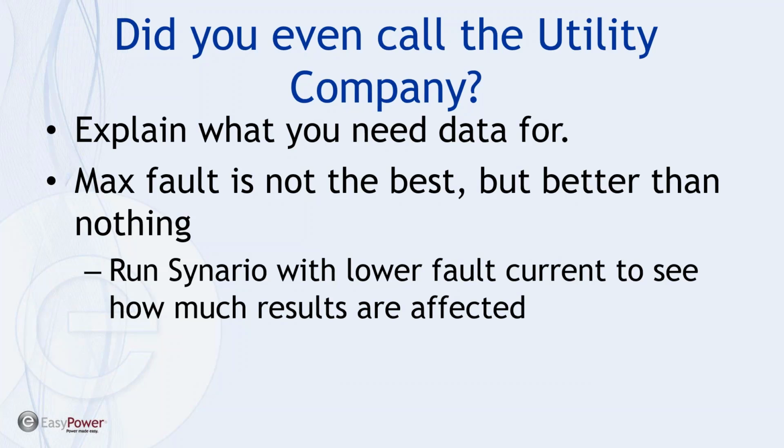Frequently they may be reluctant to provide the data. If you explain what you're doing as far as an arc flash study, they may be a little bit more helpful. The tool actually allows us to take data in 3 or 4 different formats, and there is a discussion in both the data collection notes and in the practical solutions guide handout for how to estimate utility short circuit current if the company doesn't have it available.